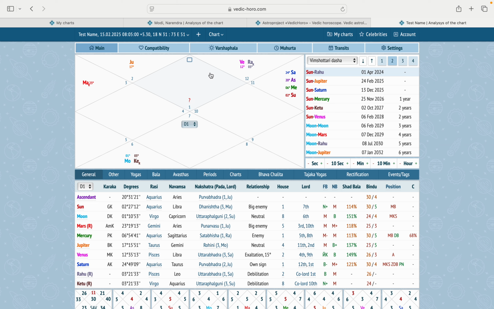So the first house represents you, and it is okay if this house is blank, because the process of making interpretations is significantly different. But the first critical step is to understand what each of these houses mean. And of all the 12 houses, the first house is the most critical because it actually represents the person themselves.